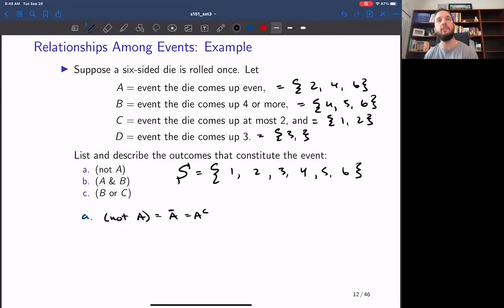So we're just being asked for the complement of event A. Event A is the event of observing 2, 4, or 6. The sample space is comprised of 1, 2, 3, 4, 5, 6. So therefore, not A would be everything that is not 2, 4, or 6 in the sample space. So this is going to be 1, 3, 5.